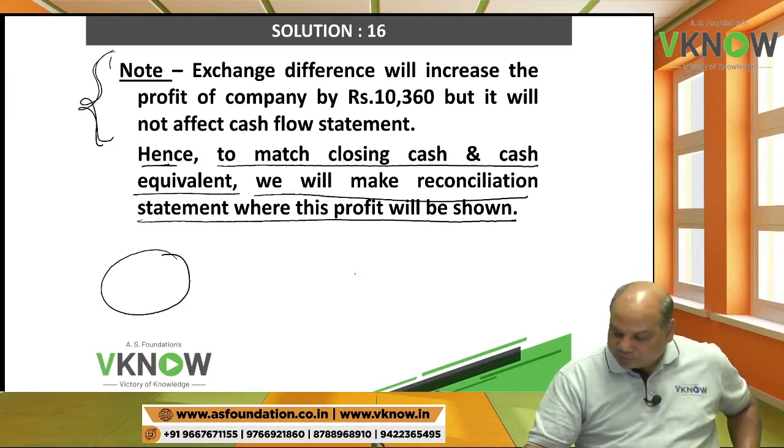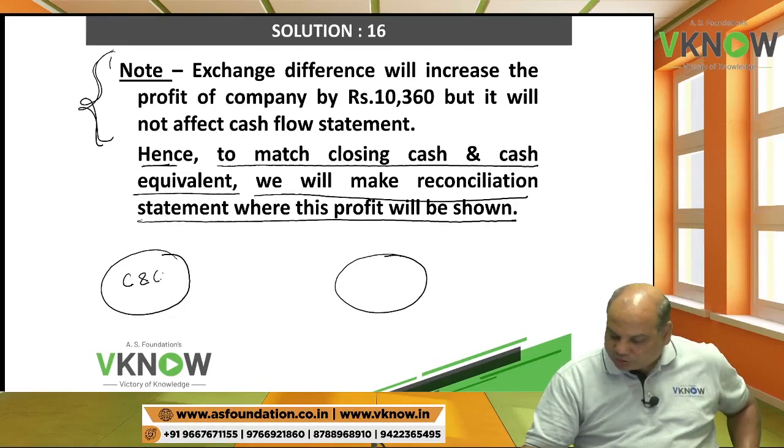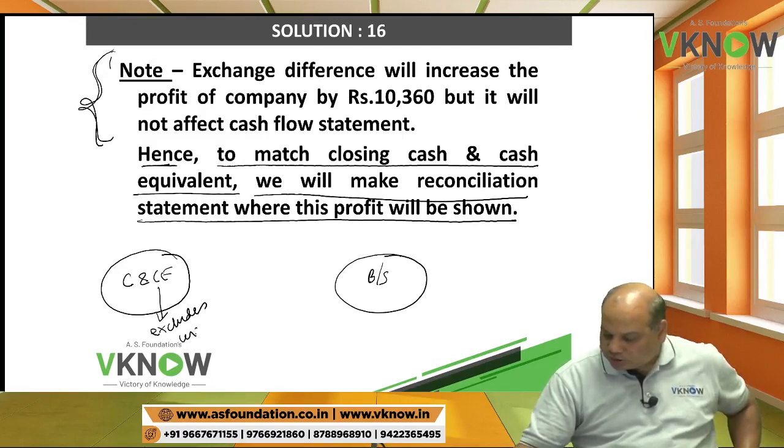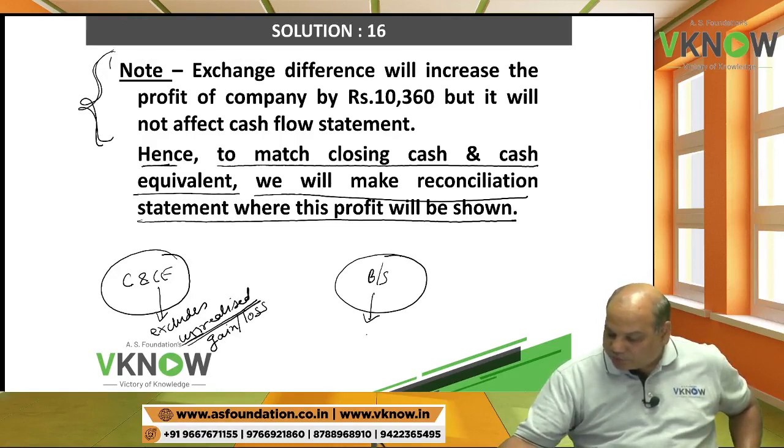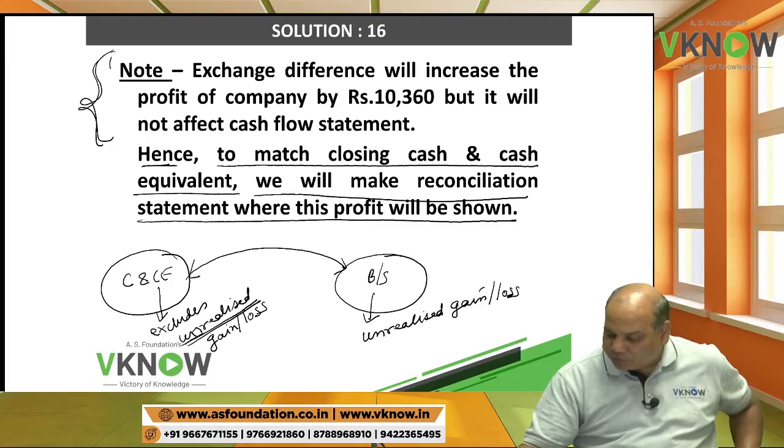So this is the reason why we are preparing the cash and cash equivalent and balance sheet reconciliation. This excludes unrealized gain and loss, because as the name suggests, these cash flows are not yet realized, whereas balance sheet items will include unrealized gain and loss also, and therefore there will be a difference between the two, and that difference will form part of the reconciliation statement.